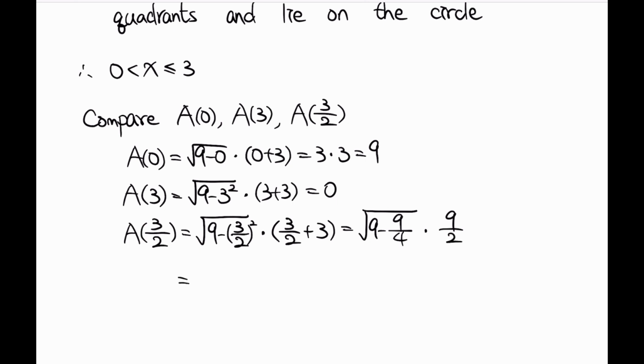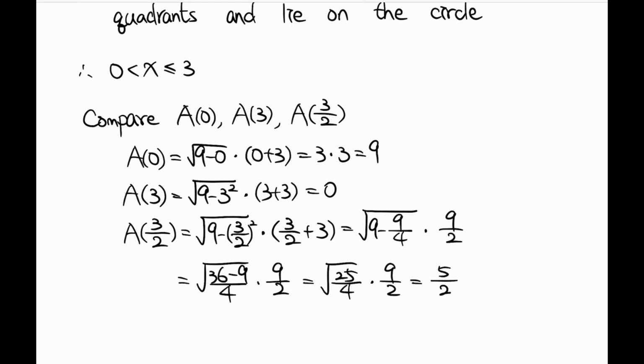It is the square root of 36 minus 9 over 4, times 9 over 2, so the square root of 25 over 4 times 9 over 2, which is 5 over 2 times 9 over 2.